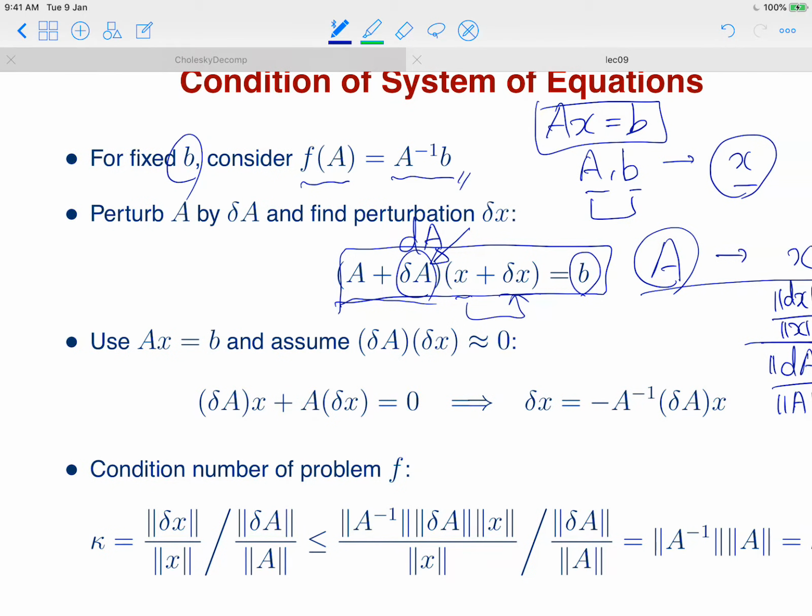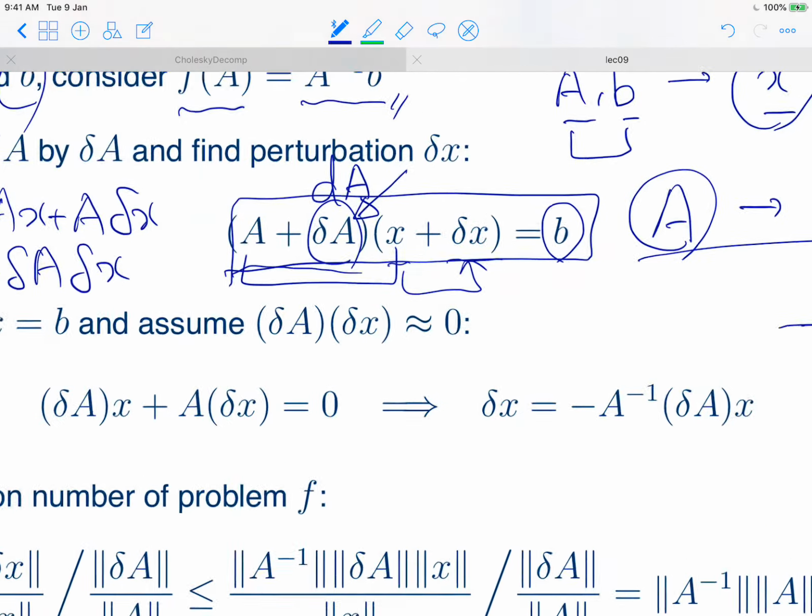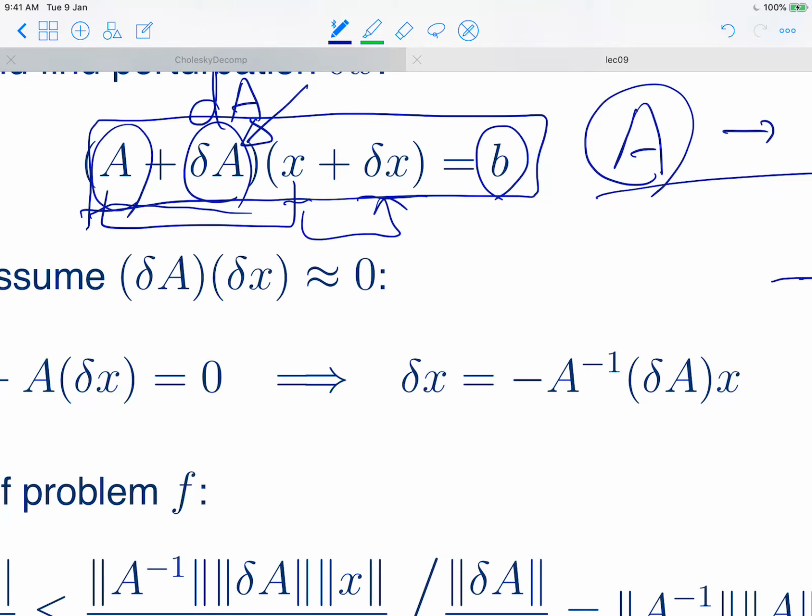So in this case, if we just distribute this, we get A times x plus delta A x, plus A delta x, plus delta A delta x. So what are delta x and delta A?